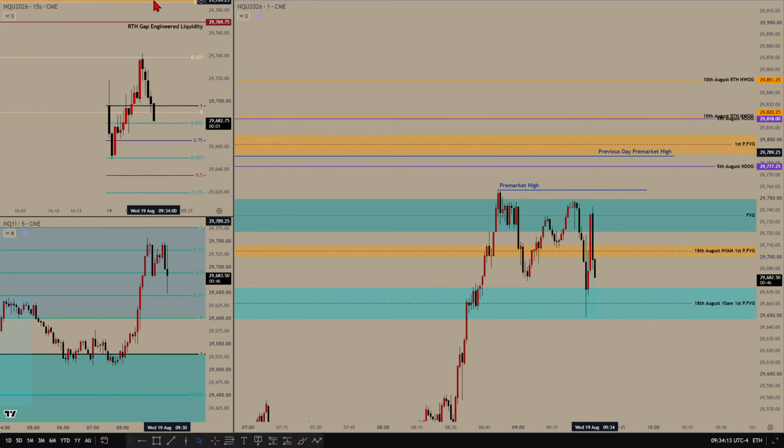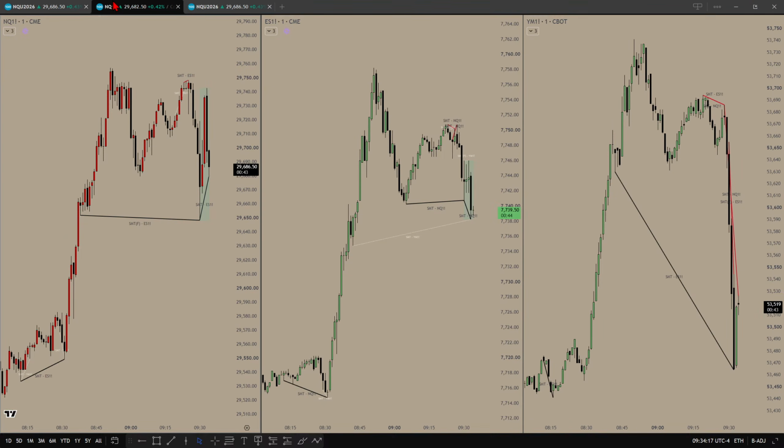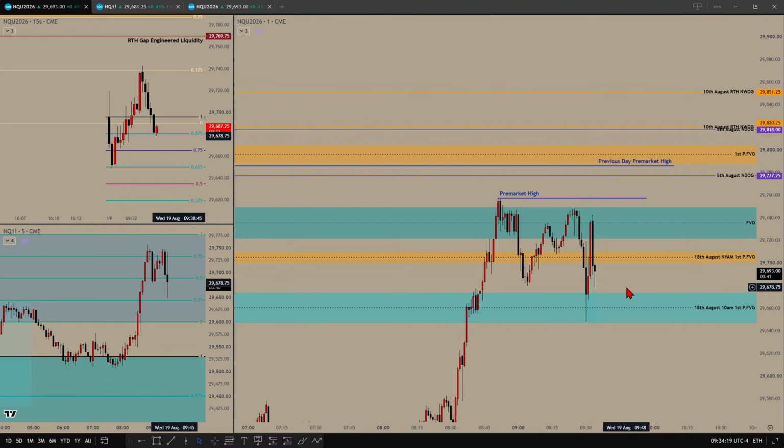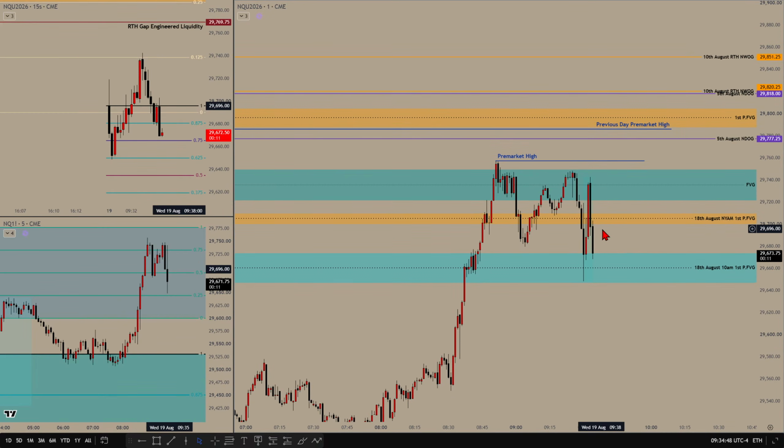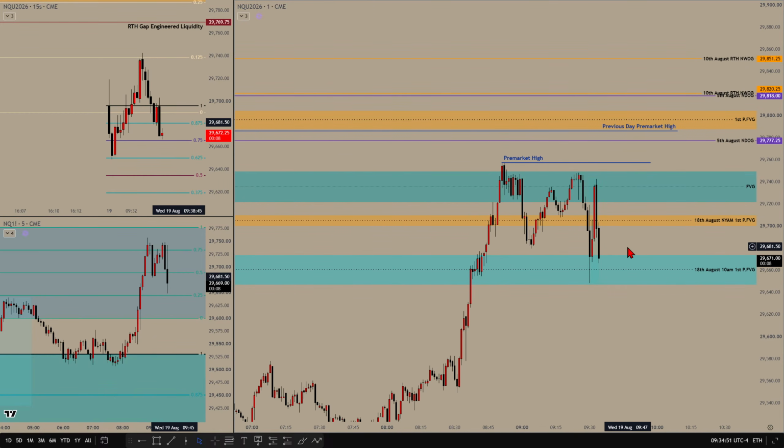I know that's a sweep, but it's not a reliable trade yet. No first presented fair value gap, so we're just going to keep waiting for that.